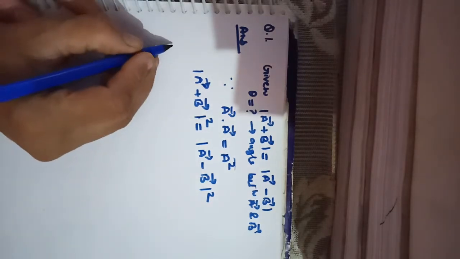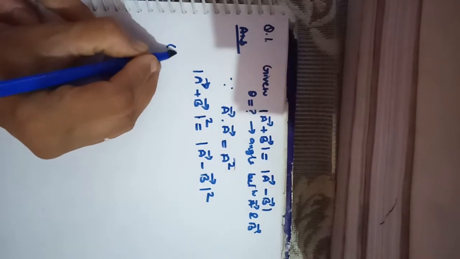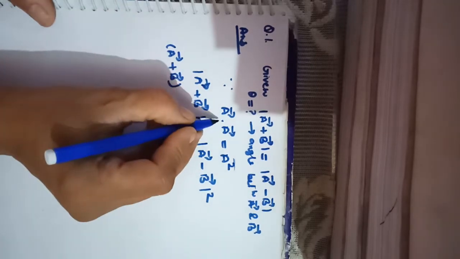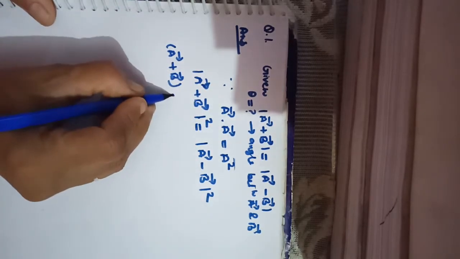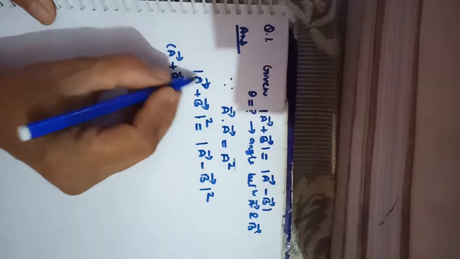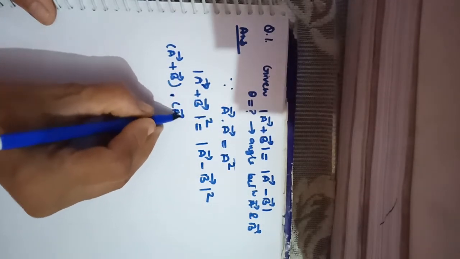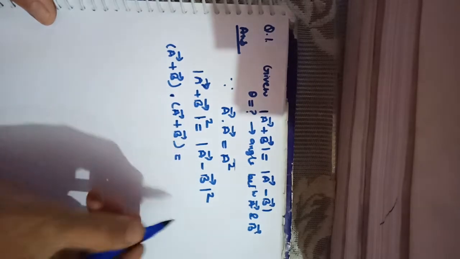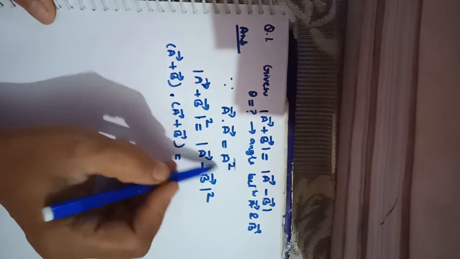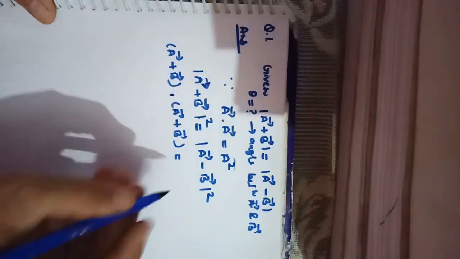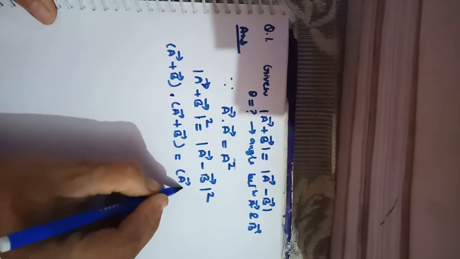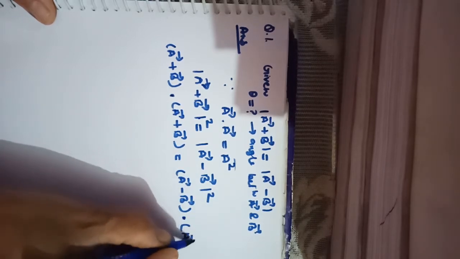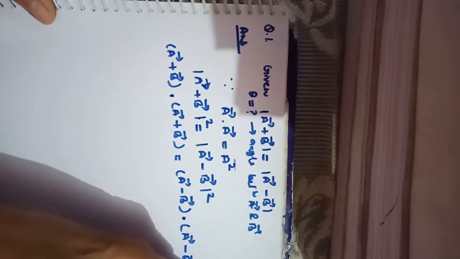We will write it like this: the magnitude of vector a plus vector b squared is the dot product of the vector a plus b with itself. Similarly, we will write here using this identity: a vector minus b vector dot a vector minus b vector.